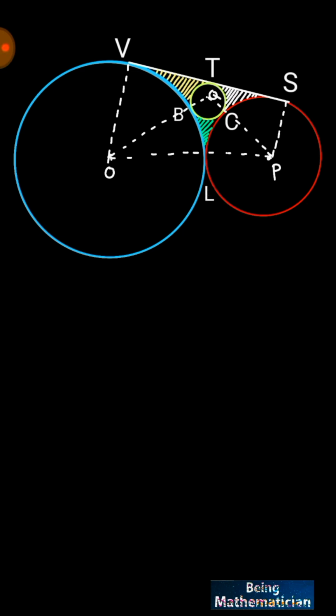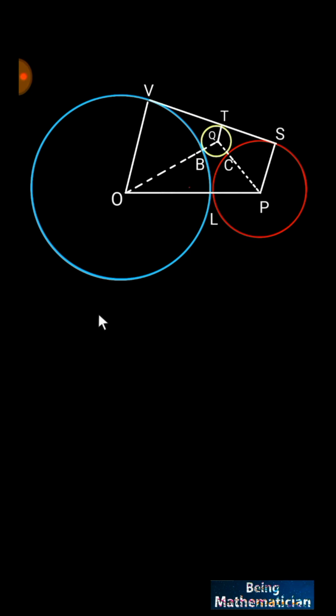Now join QT. Now let's cut the equal length of SP from BO and let this be W. Now join W and P.